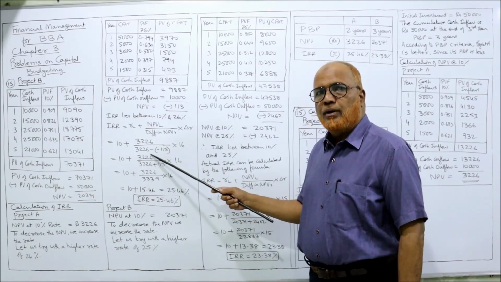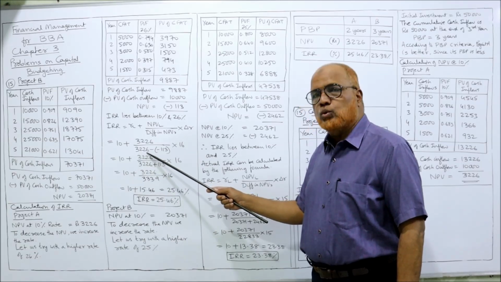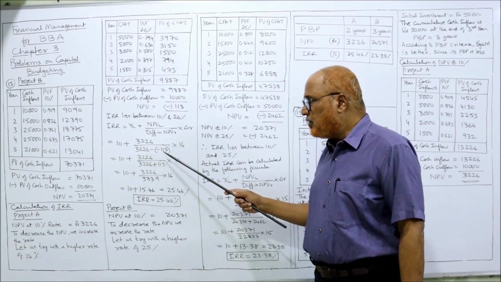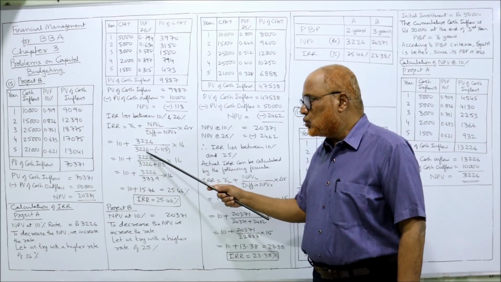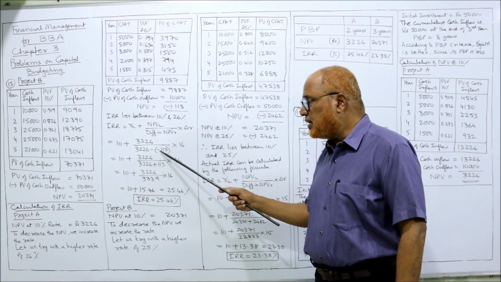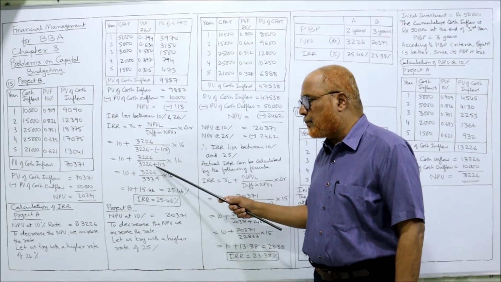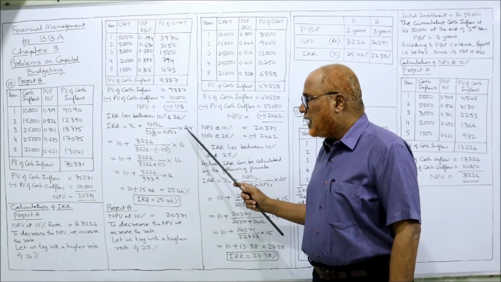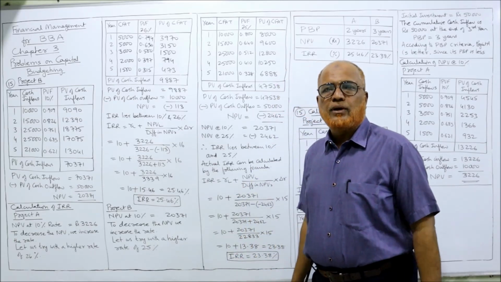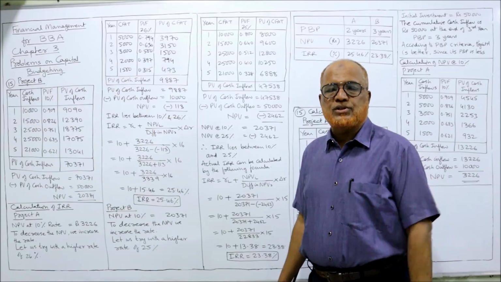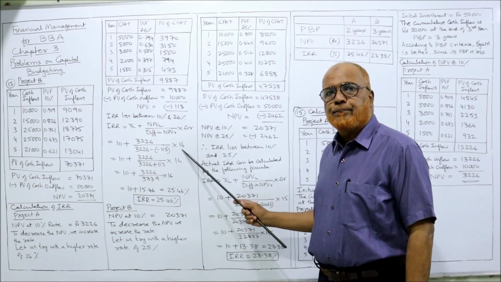Difference in NPV: positive NPV is 3,226 and negative NPV is minus 113. So 3,226 minus minus 113, minus into minus will become plus. And delta R means difference between the two rates, 26% and 10%. The difference is 16.